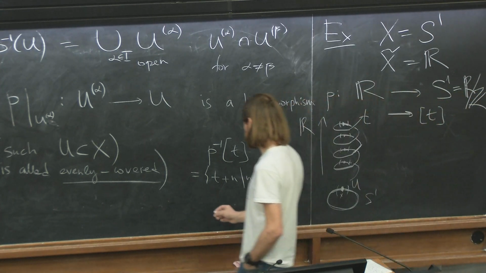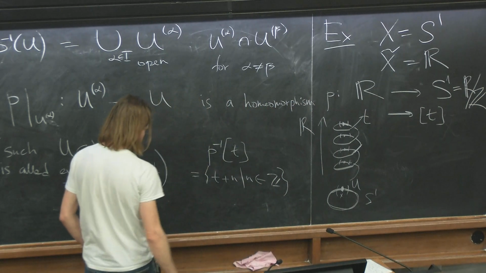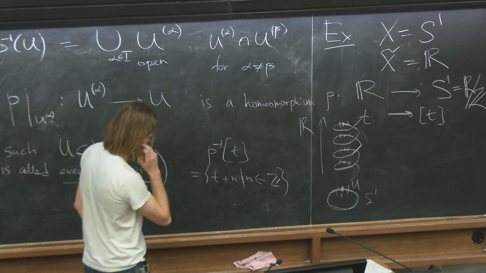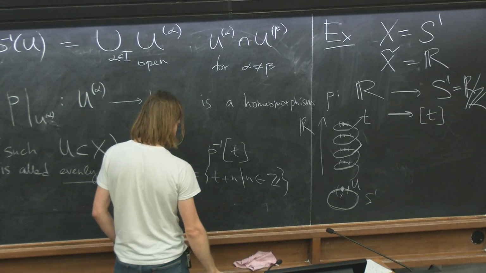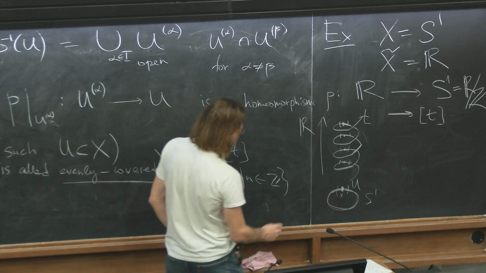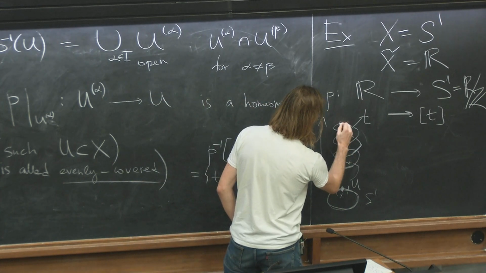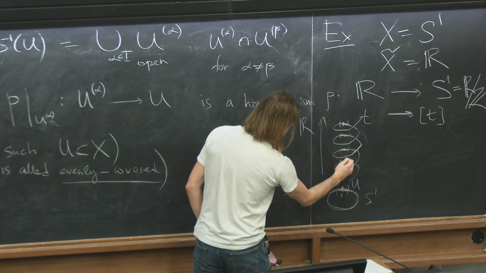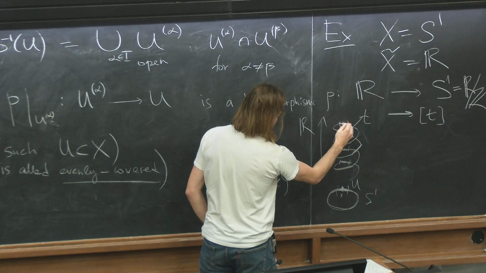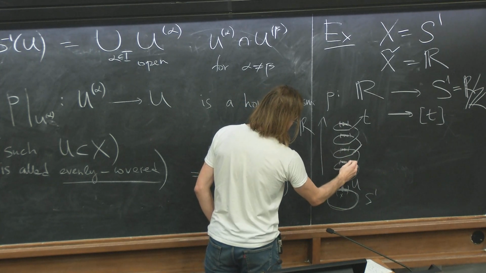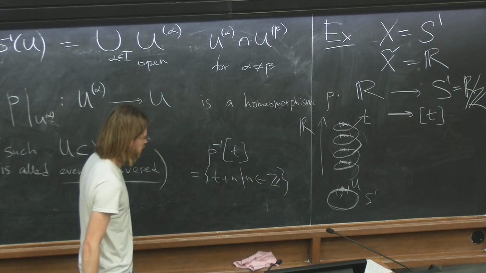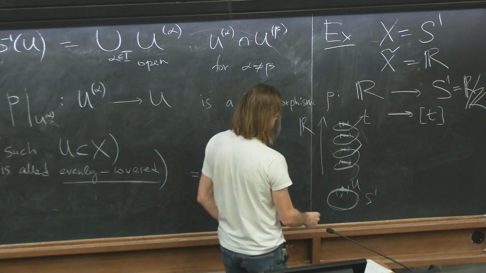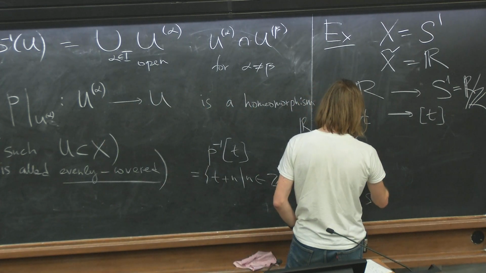So this is U, and this is a union of these intervals, which are obviously disjoint, the U alpha.